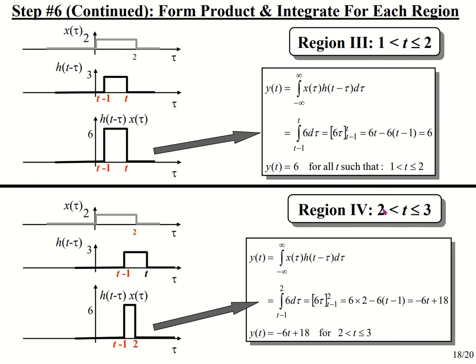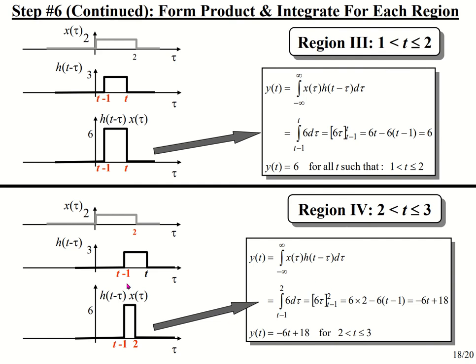Then the fourth situation is when there will again be a partial overlap between these two signals corresponding to the time t lying between 2 and 3. Then we'll again be evaluating this, assuming that this point is t, and this is t minus 1. But this overlap has to be done for the duration from 2 to 3. So if you substitute the values from 2 to 3, you will get two situations.